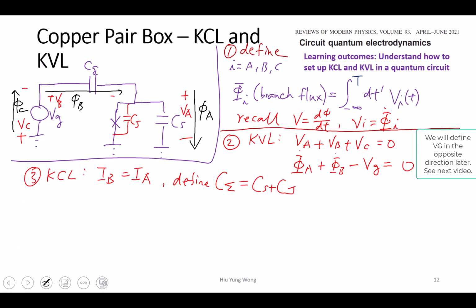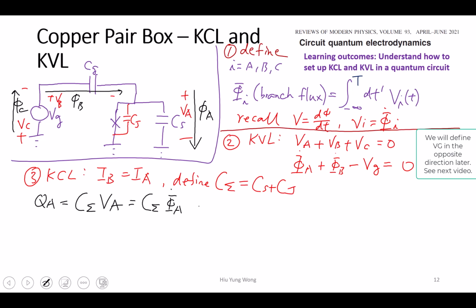Let me change color. Then what is QA? What is the charge on the A branch? The charge, of course, equals the C summation times VA. It is just like I have a capacitor, so the charge across this capacitor is the summation times VA. And VA, as we said before, is just equal to the flux time derivative.